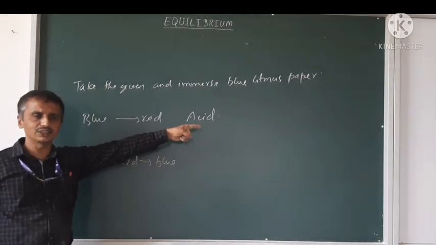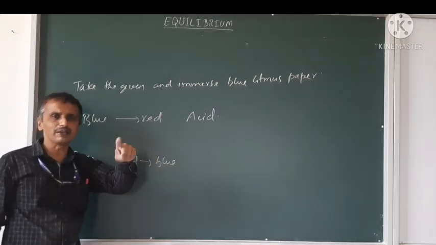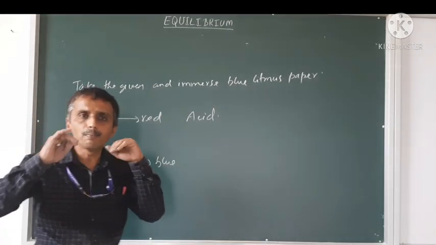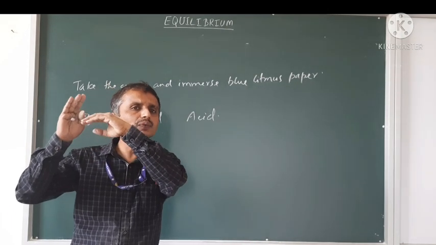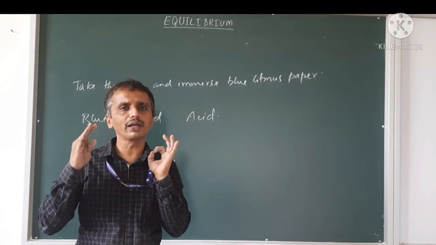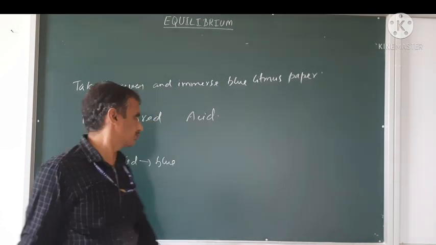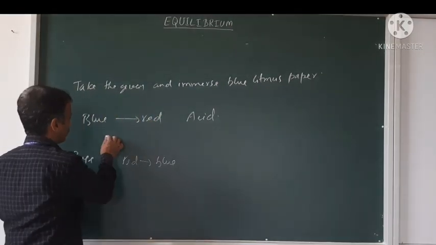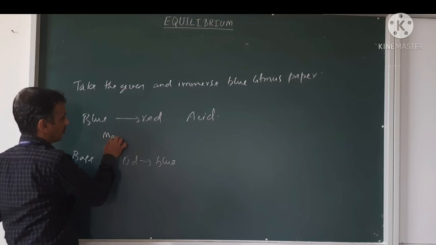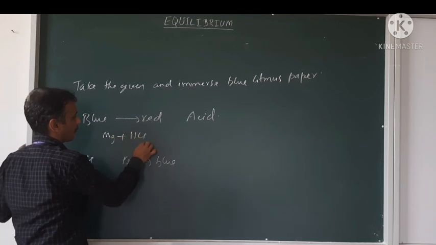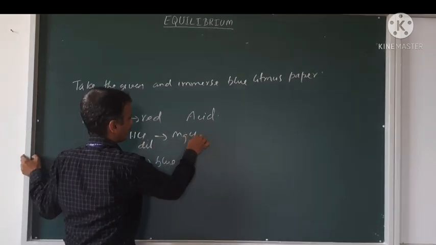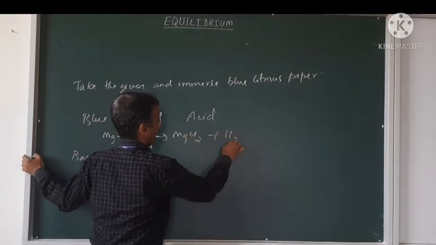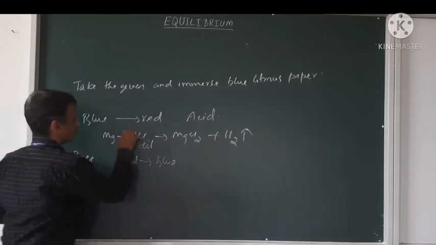Blue to red, acid; red to blue, base. Many acids on reaction with metals also liberate dihydrogen. Example, magnesium with dilute HCl gives magnesium chloride plus dihydrogen gas.